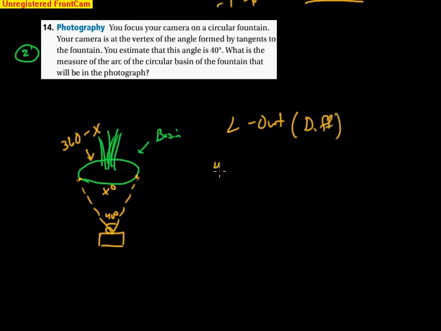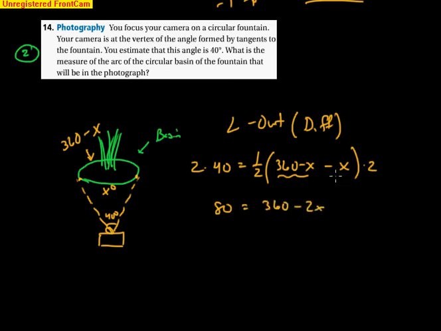So the angle, 40 degrees, is equal to half the difference of the farther arc, that's 360 minus x, minus the closer arc, which is x. Again, we're finding an arc, so times by 2, 80 equals 360 minus 2x. There's two minus x's, so that's minus 2x.